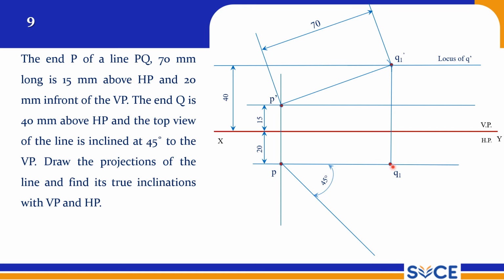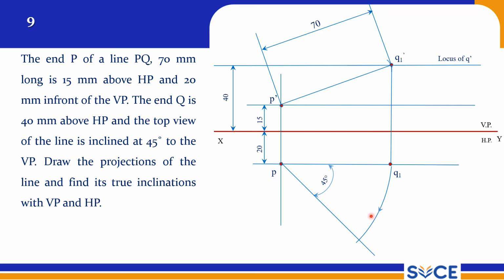So this is our Q1. PQ1 should be rotated onto this 45 degrees line. If we rotate this, we get the final top view. So here this is point P, and this is the 45 degree line, with PQ1 as radius and P as center.